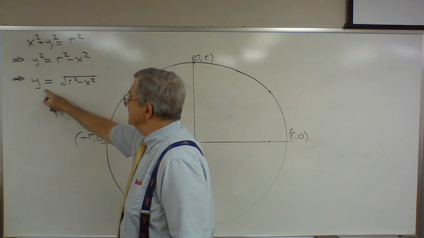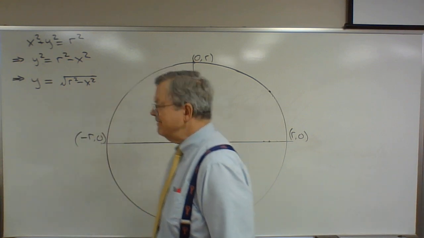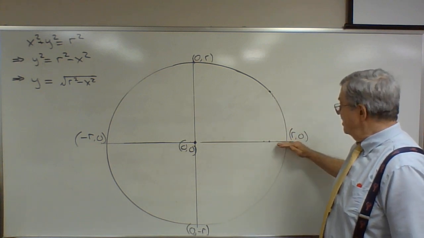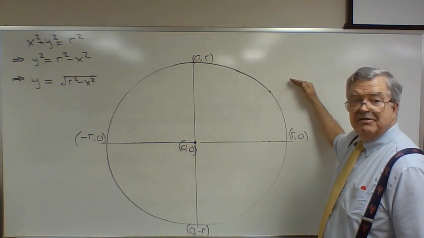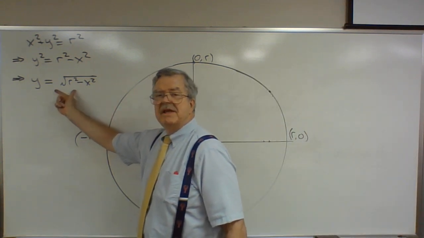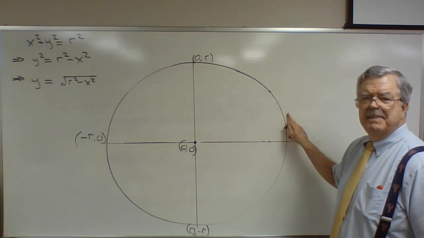So this is going to give us the positive y values on the graph. And where is y positive? Above the x-axis. This equation only gives me the upper semicircle.